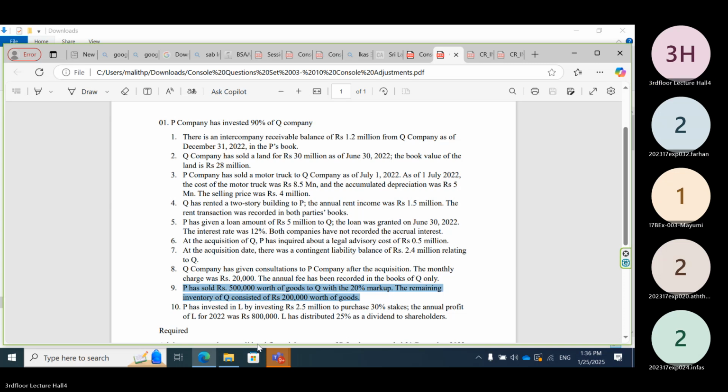So then you are calculating your gross margin there. Markup we have, we can calculate the margin. How are we going to calculate the margin? 20 divided by 120. Right?